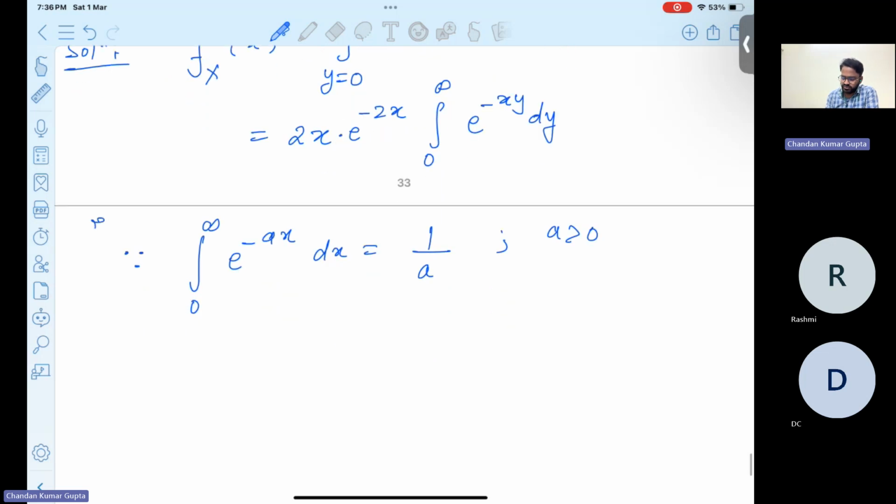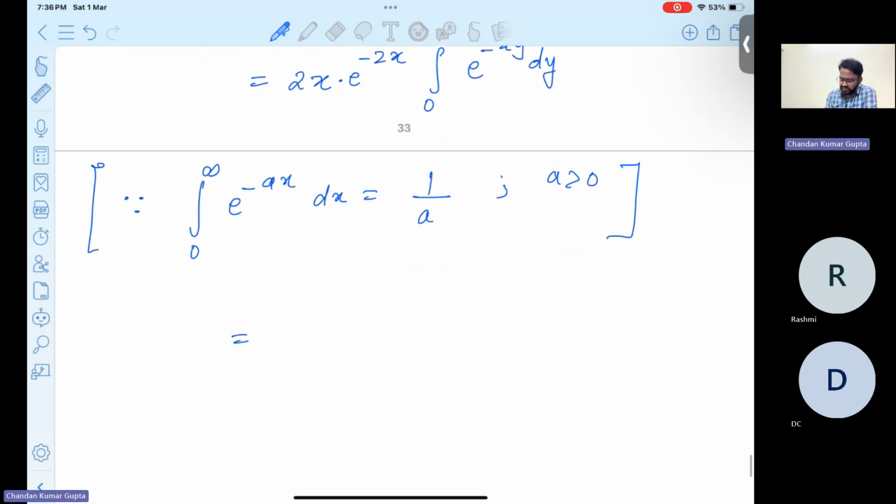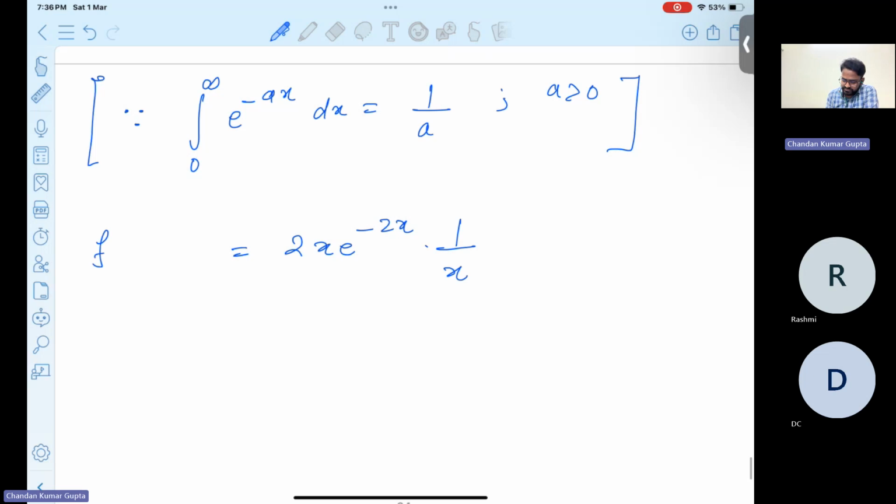This is an already known formula. Using this concept, we can directly calculate 2x e to the power minus 2x into 1 by x.